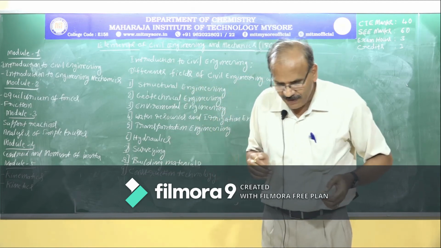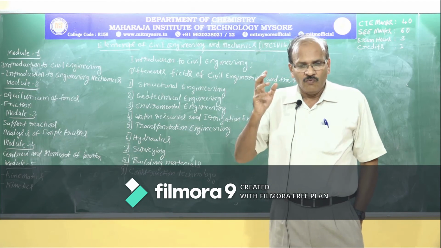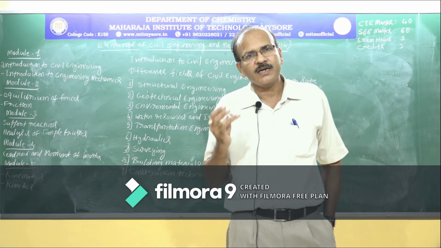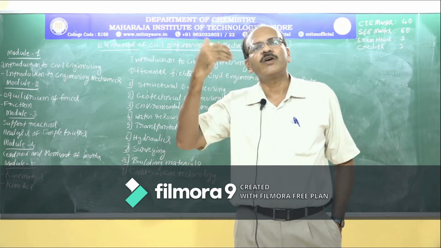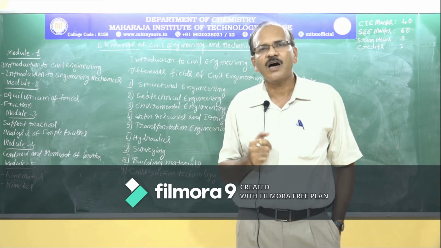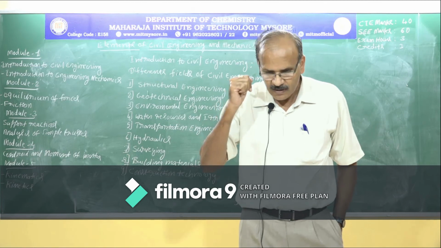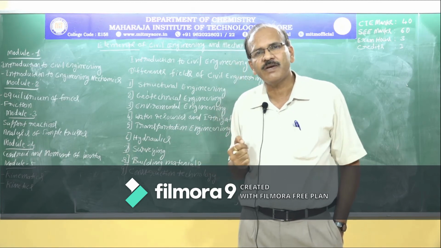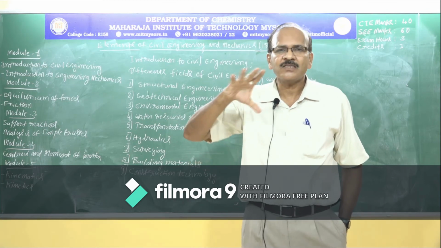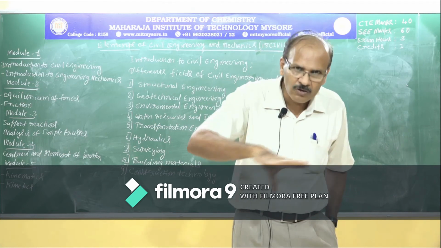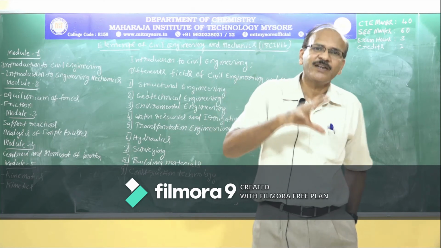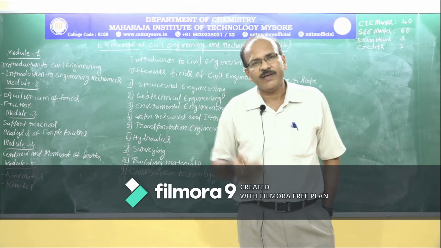So for example, if I take cement, we are going to conduct initial setting time test, final setting time test, then we are going to find out the soundness of cement, then crushing strength of cement, that is compressive strength of cement, etc. So the Indian Standard Code has given certain specifications on how to conduct all these tests, and also they have given the values which the cement we are testing should satisfy.